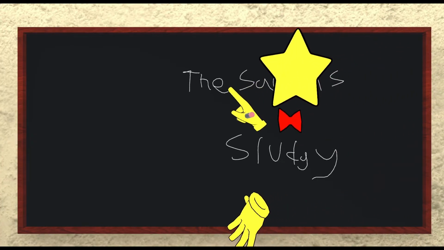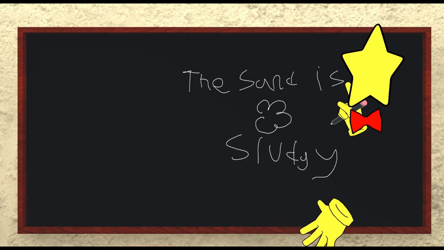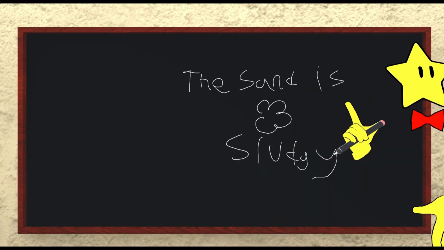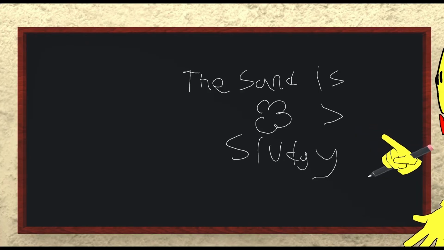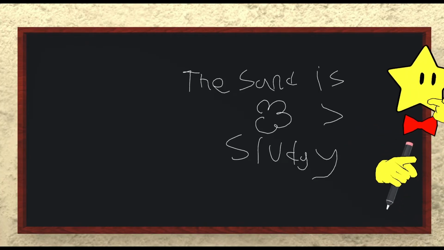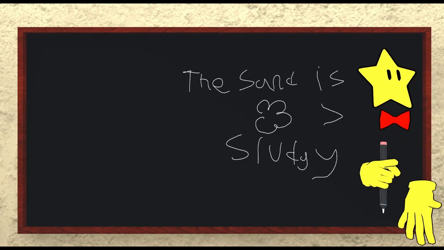Ko. So let's write that in. Ko. Now, is, we're describing the sand, so that's going to be li, and then this word sludgy. Now, this is an interesting one because, again, there's a couple interpretations.